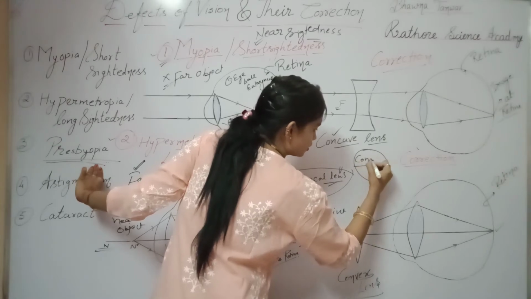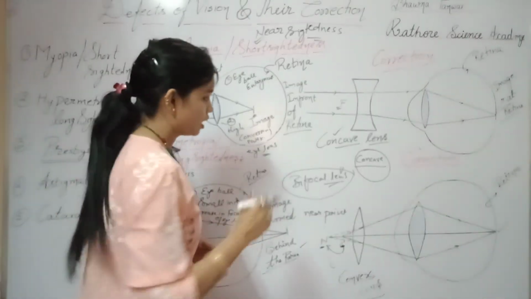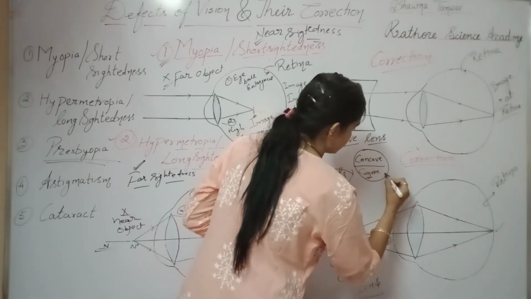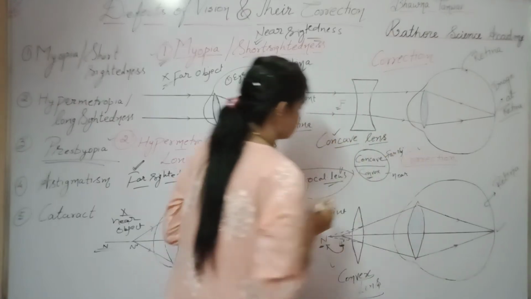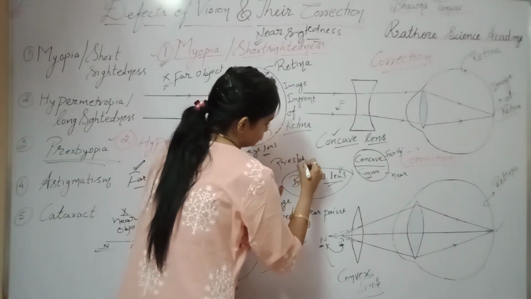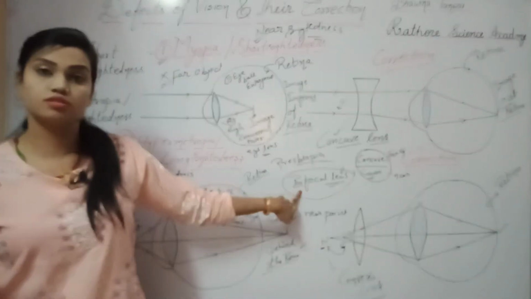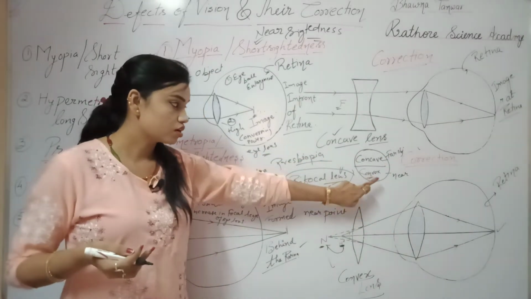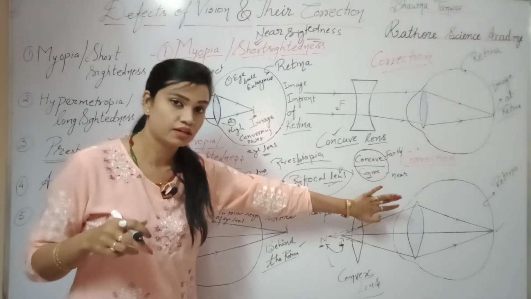The upper one is concave to see far objects, and the lower one is convex lens to see nearby objects. So a person suffering from presbyopia will use bifocal lens, which has a concave upper side to see far objects and a convex lens on the lower side to see near objects in their spectacles.